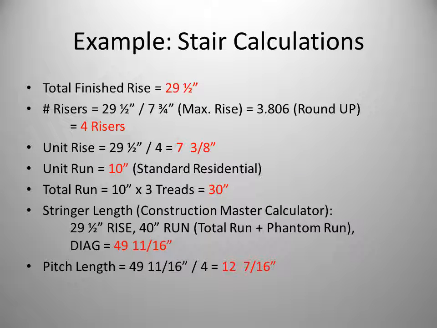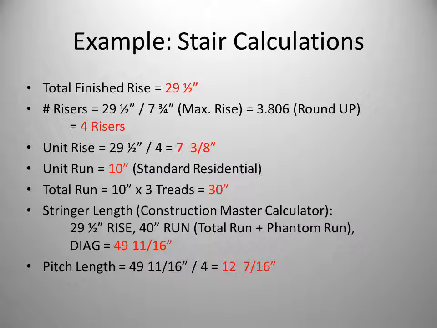So here are our calculations for this stair. We start with our total finished rise of 29.5 inches. We take the 29.5 and we divide by our maximum rise, which for residential construction is 7 3/4.